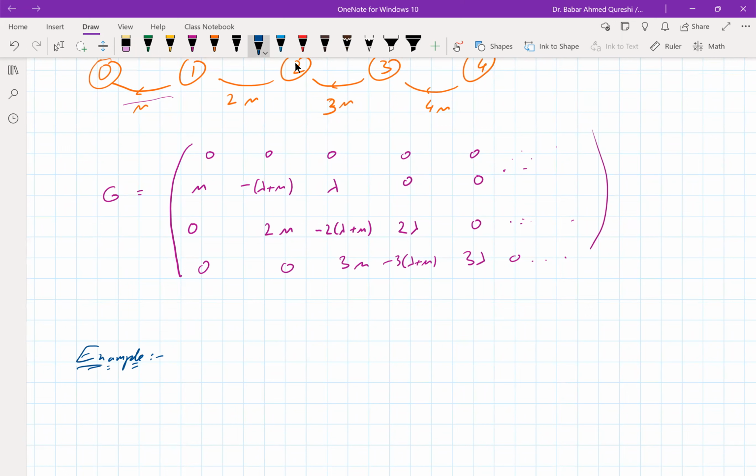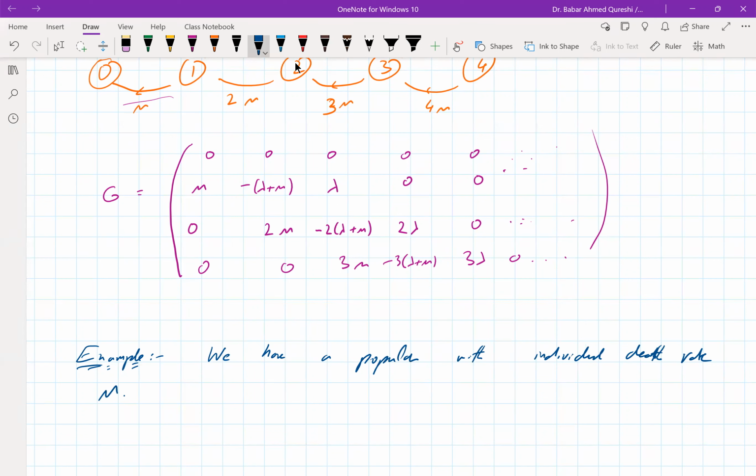So suppose you have a population with individual death rate mu.